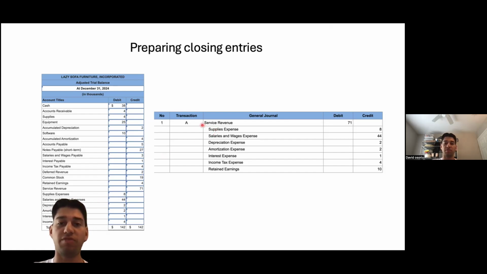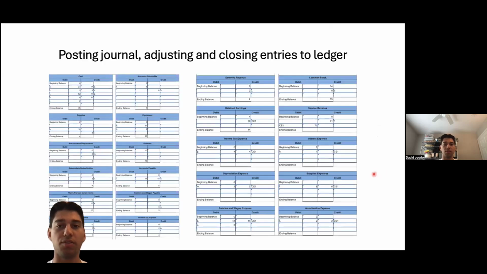For service revenue, the normal balance is a credit, so we debit service revenue by 71, and we do the same thing for the expenses. At the end, we also credit retained earnings with the difference of those entries, which equals our net income of 10 that we saw on the income statement.